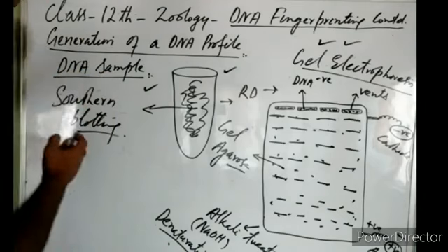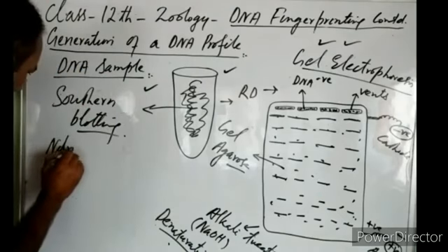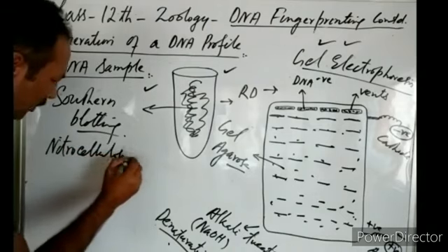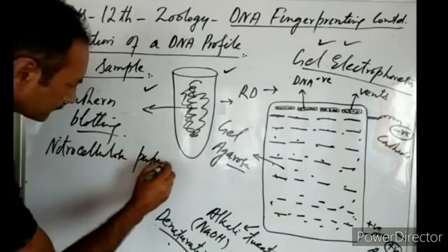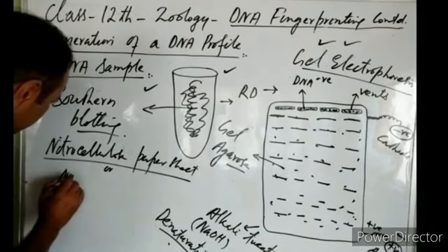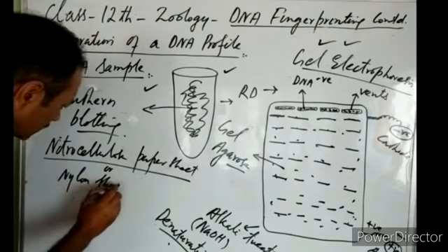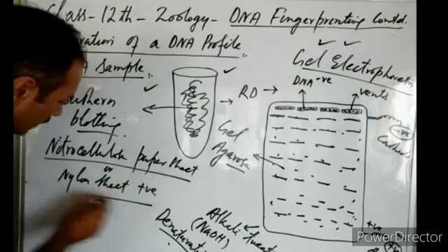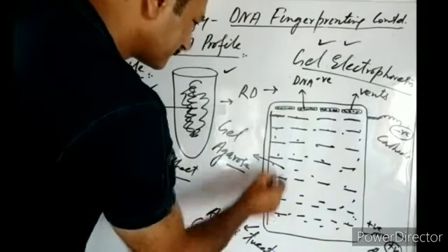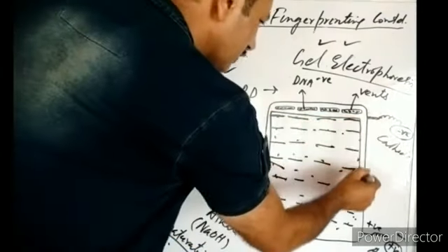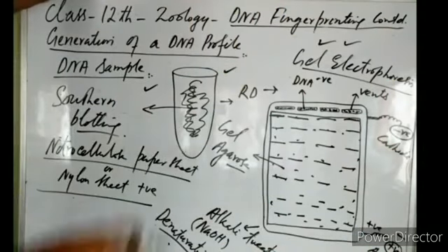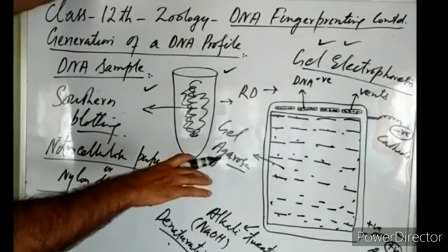A nitrocellulose paper sheet, or a nylon sheet which is positively charged, is put onto this DNA, right?